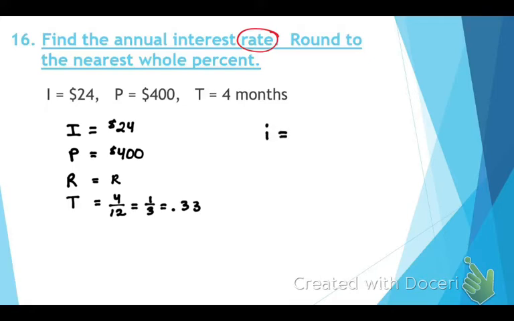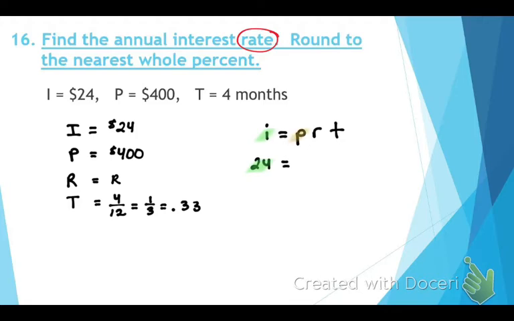Okay, so now to the right, we're going to fill in what information we know. Remember, the formula is I equals P times R times T. Halen, do we know our interest? Yes, what is it? 24. So all we're doing now is plugging that in for the 24. MJ, do we know our principal? Yes. What is it? $400.